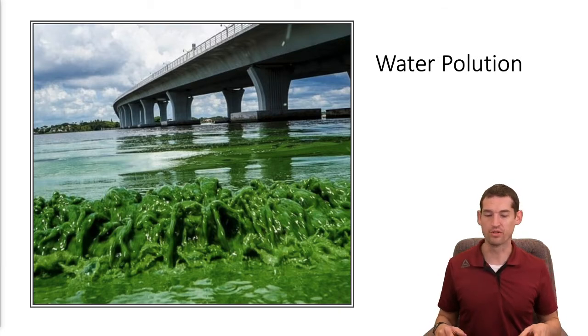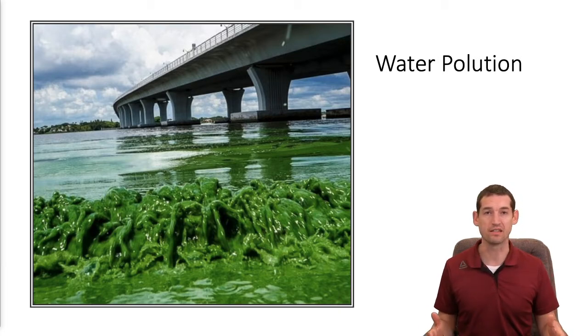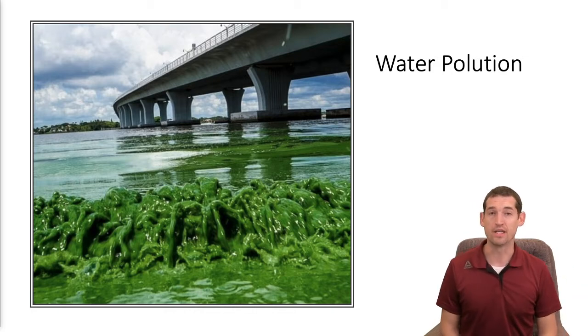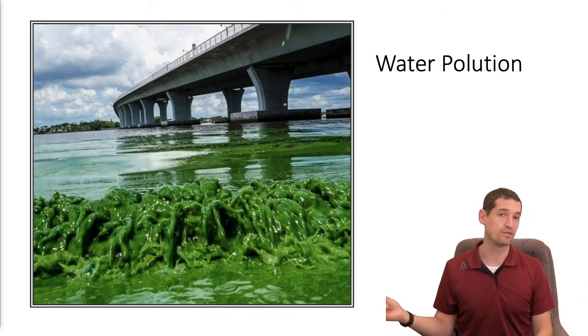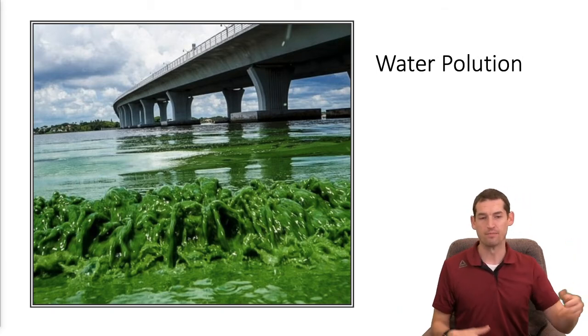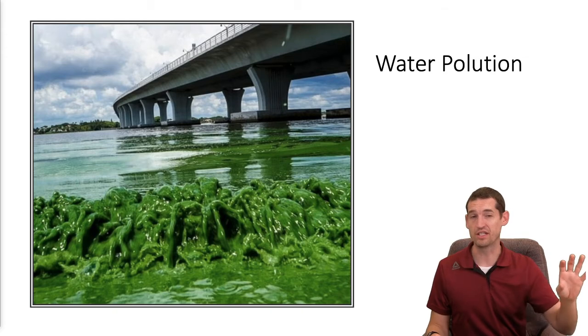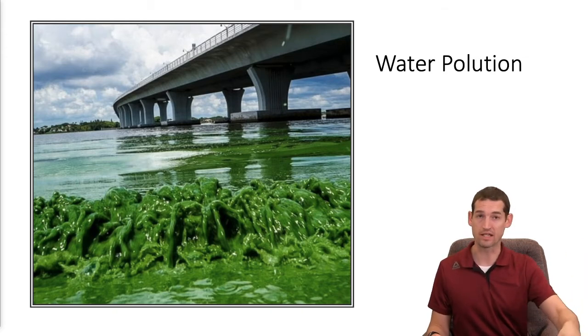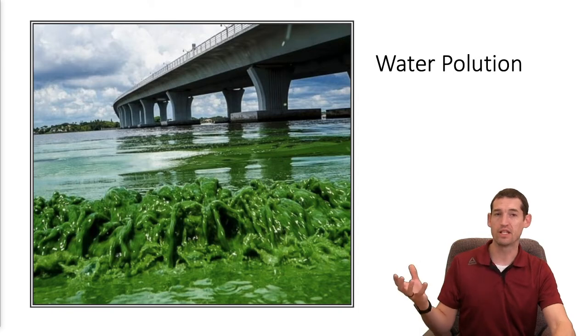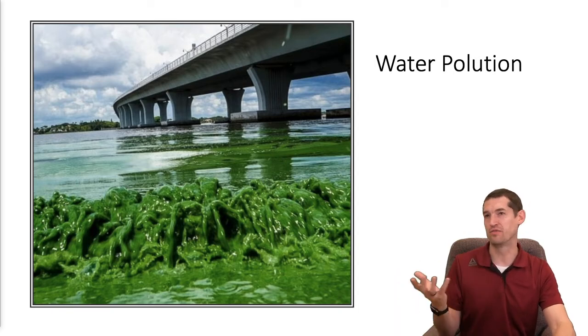Next one is thermal energy, and thermal just means heat. So let's say we pull water out of Lee Creek and then it runs to all of our houses, it goes down the drain, it ends up at the water treatment plant, and then once it's cleaned up and processed properly, it goes back into bodies of water like St. Mary's River. But let's say we pulled it out of the creek and it was 8 degrees Celsius.